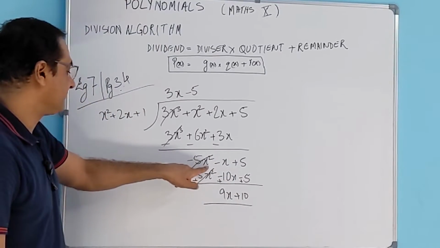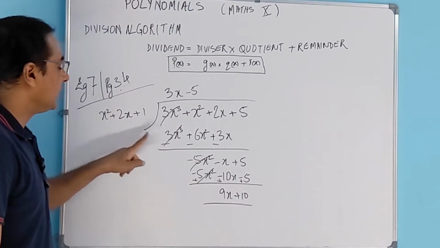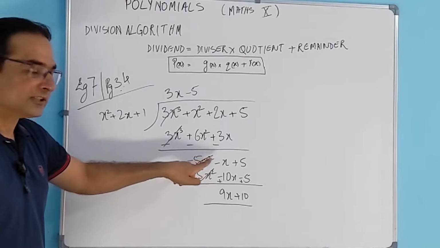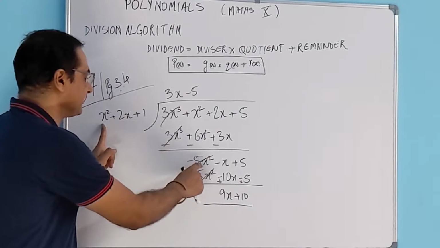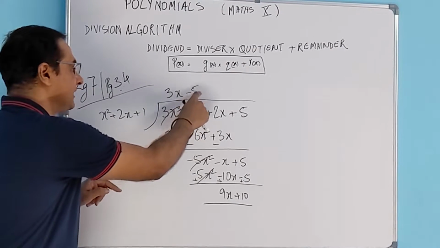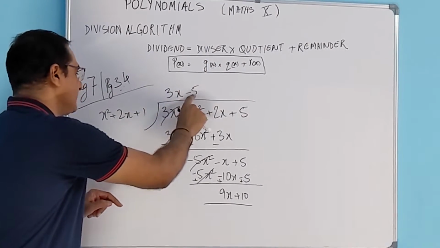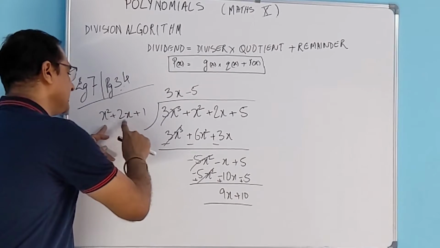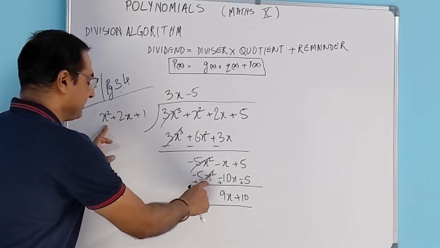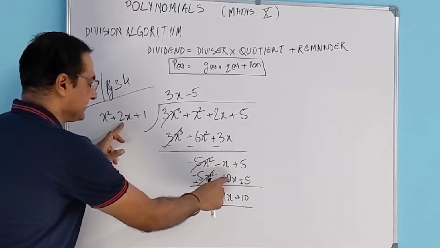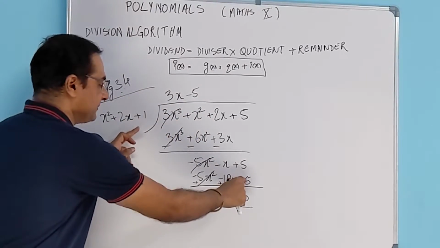Now if you look at minus 5x square and this is x square, again we need to eliminate this first term. What do we need to multiply this by to make the first term minus 5x square? Minus 5. So minus 5 is the next term in the quotient. Now minus 5 multiplied by each of these terms, what do we get? Minus 5 into x square is minus 5x square, minus 5 into 2x is minus 10x, minus 5 into 1 is minus 5.